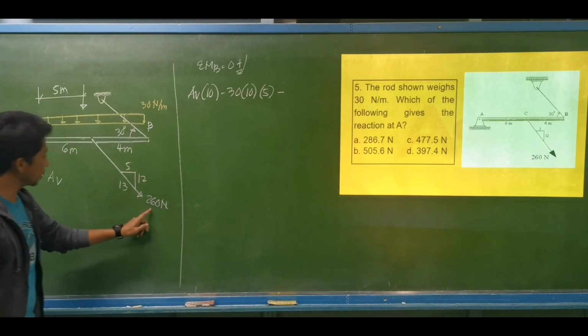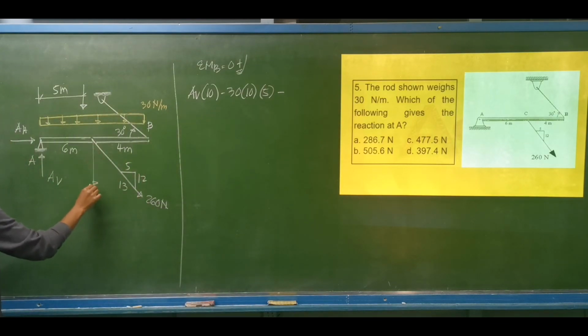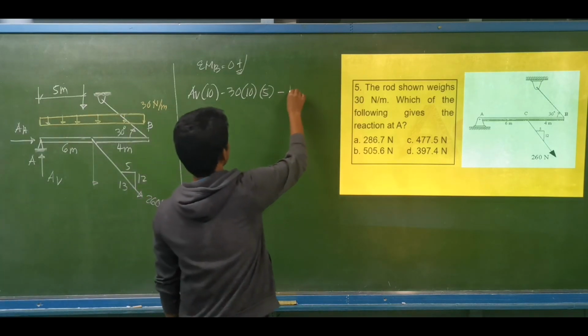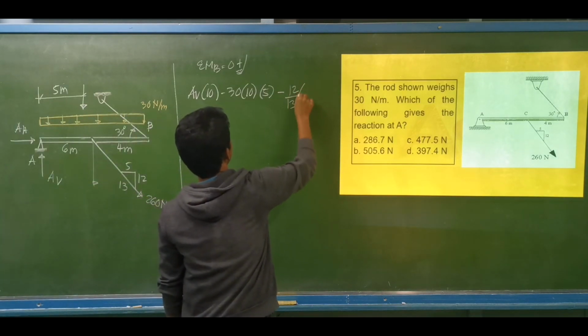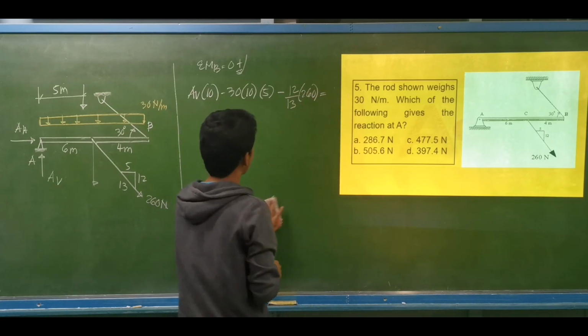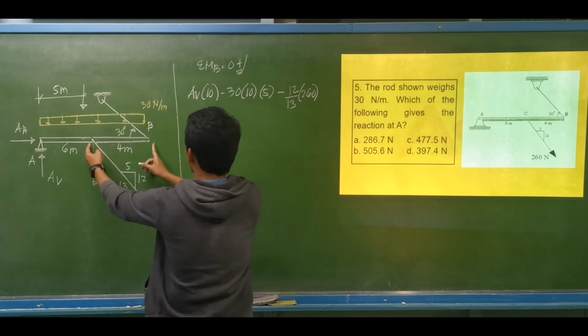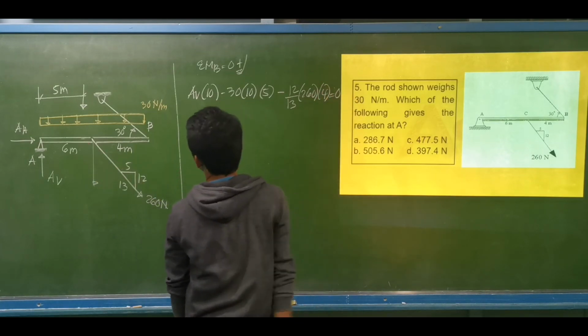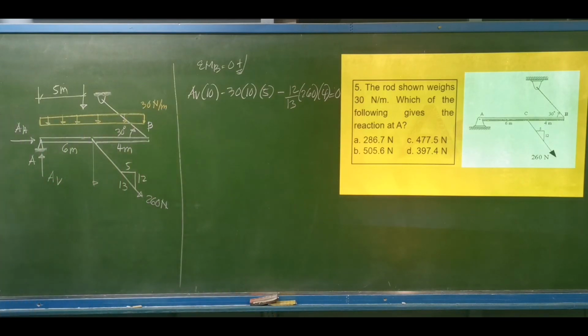Minus the vertical reaction of this force. What is the vertical reaction? That is the 12 over 13 of 260, that is the vertical component. How far from point B? We have 4 meters, equal to 0. So we include every force. We have A vertical minus 30 times 10 times 5 minus 12 over 13 of 260 times 4.